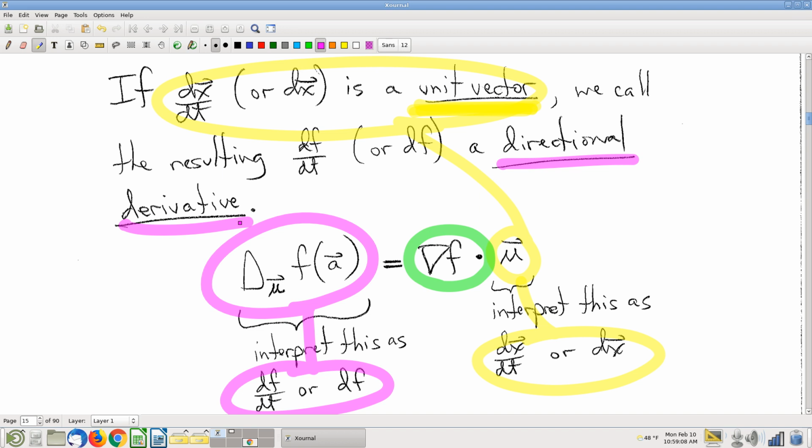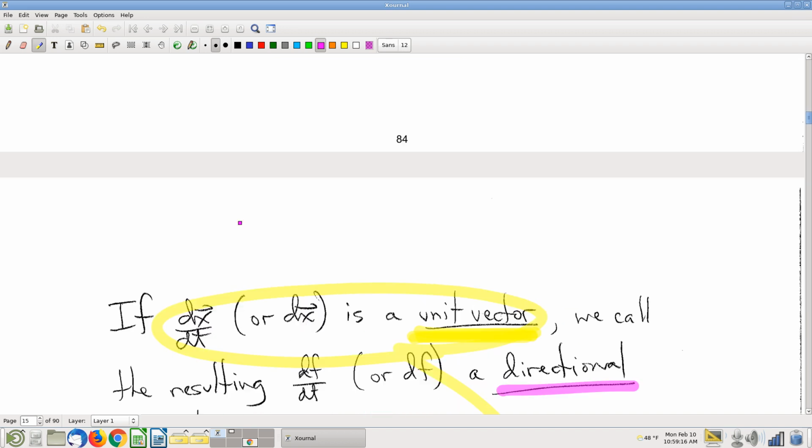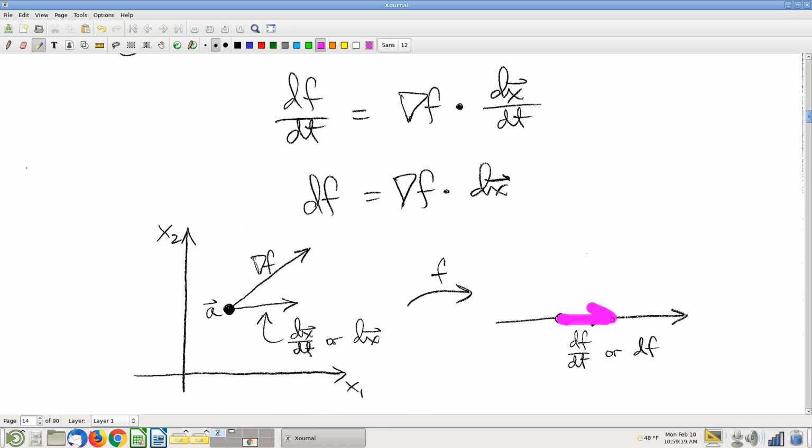Now, let me tell you why people like this term directional derivative, and there's some naturality to this. We're trying to keep track of how fast the function's changing as we're moving in a certain direction. After all, if this is a unit vector, what better way to describe a direction? Not a direction and a magnitude, but if I want to explain just a direction, a great way to describe a direction is with a little arrow, with a vector. But vectors have direction and magnitude. I want to talk about just the direction.